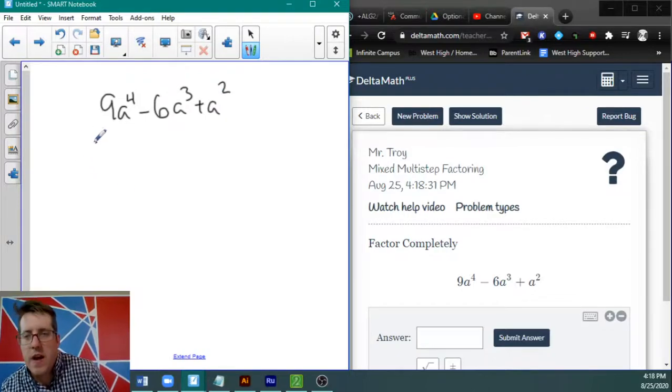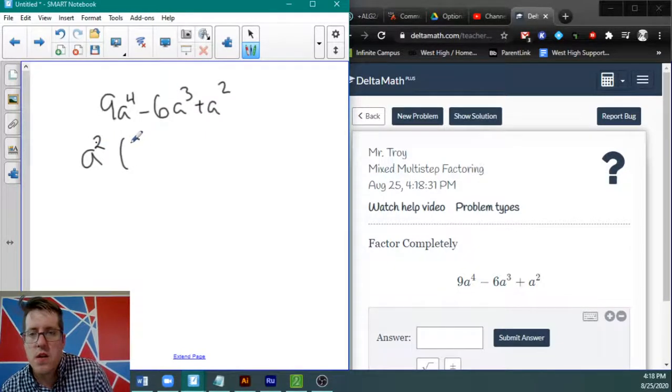I'm going to start by factoring out a greatest common factor of a squared. And that's going to give me 9a squared minus 6a plus 1.